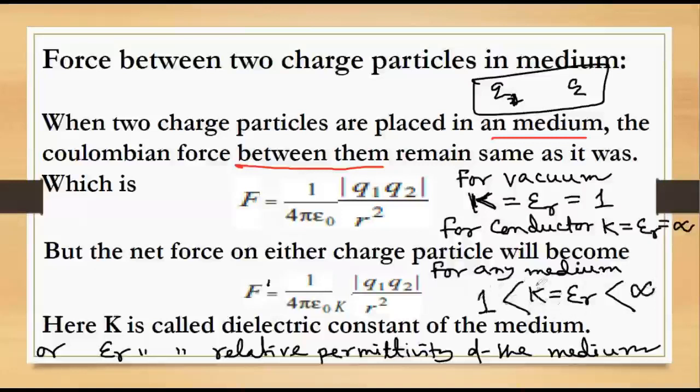So the K value can never be in decimal, never less than 1, never negative, but it can be 1. If it is 1, it means vacuum. It can be infinity. If it is infinity, it will be metal. So understood or not up till now? Yes, sir.